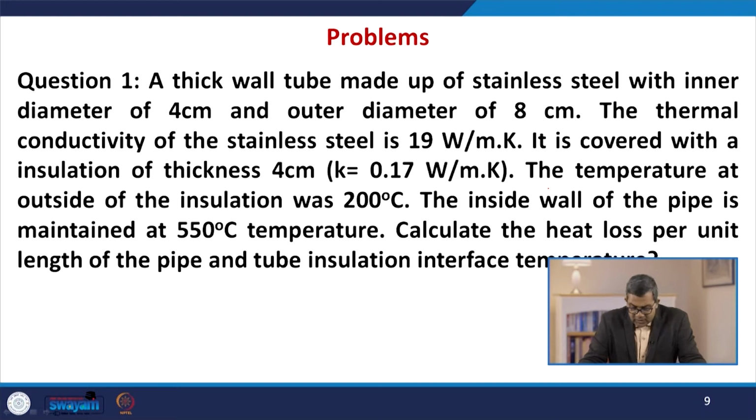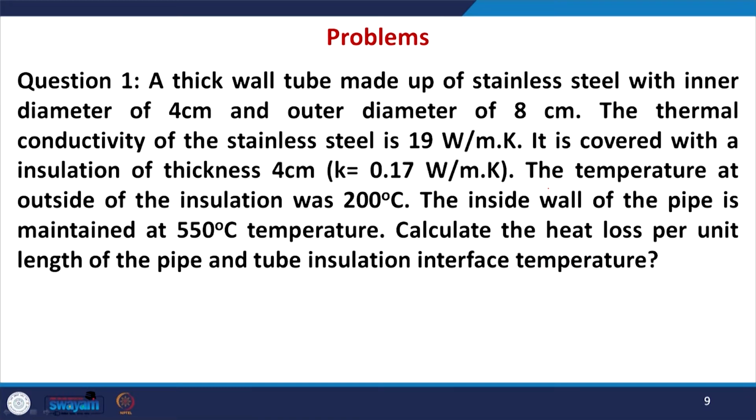Now let's discuss the first problem. Here a thick wall tube made of stainless steel has an inner diameter of 4 centimeter and an outer diameter of 8 centimeter. The thermal conductivity of the stainless steel is 19 watt per meter Kelvin. It is covered with an insulation of thickness 4 centimeter, with K equal to 0.17 watt per meter Kelvin.